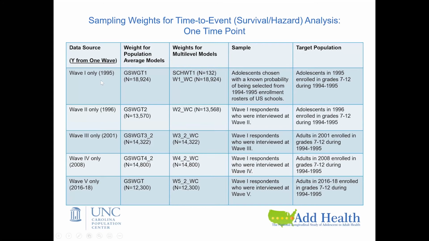And this table shows when the outcome or the event is only measured in one particular wave. So let's, for example, say wave 3. That's the first time we collected data on whether or not you have been arrested. So you might just want to find out time to first arrest at wave 3. You would use a grand sample weight.